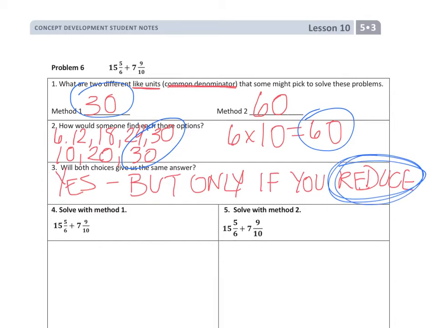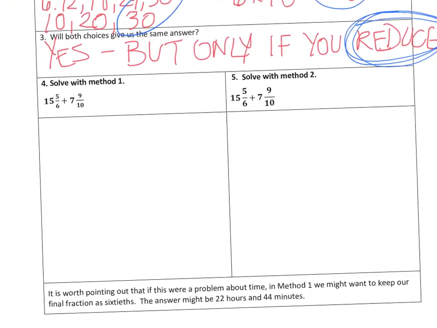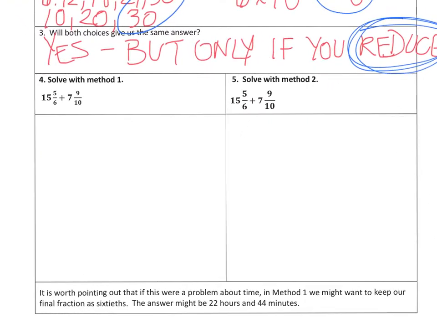All right, so let's try solving with both methods. So first up, method 1 with 30ths. Well, I'm going to take my 15 plus 7, which is 22, and we're going to toss that aside for a little bit. Let's focus on our 5/6 and our 9/10. So 5/6 turning into 30ths.